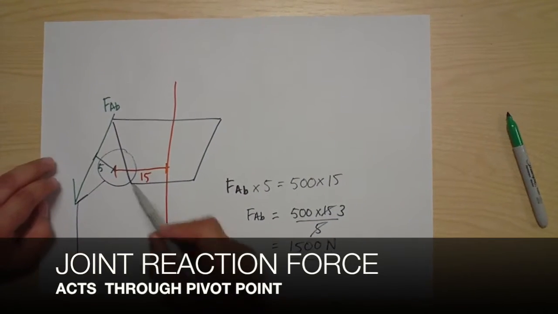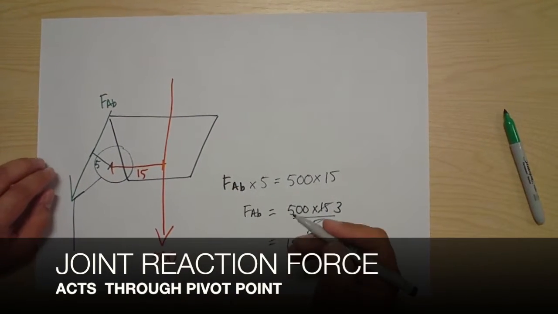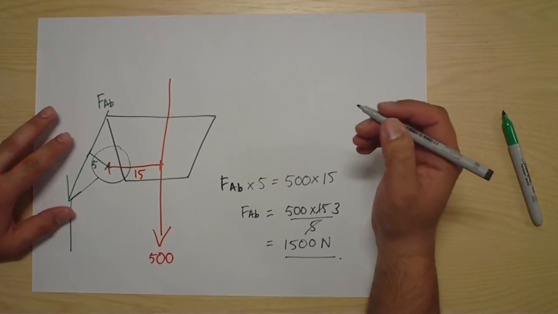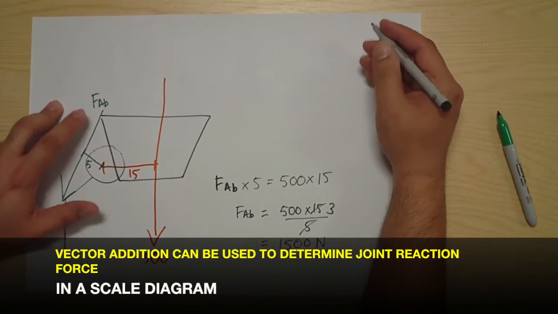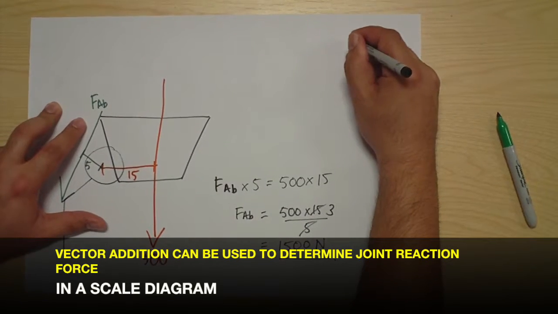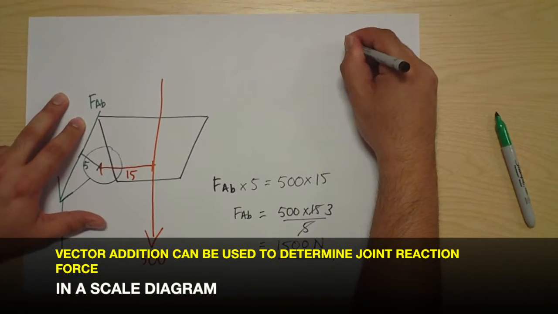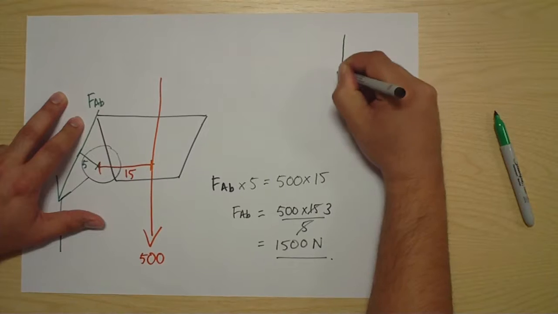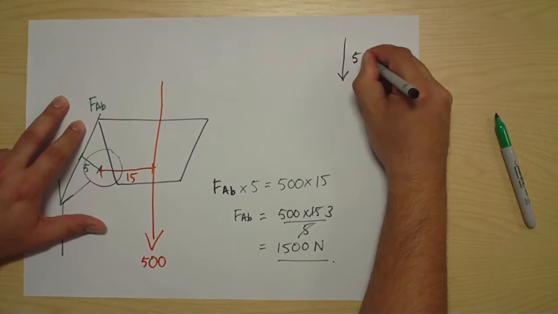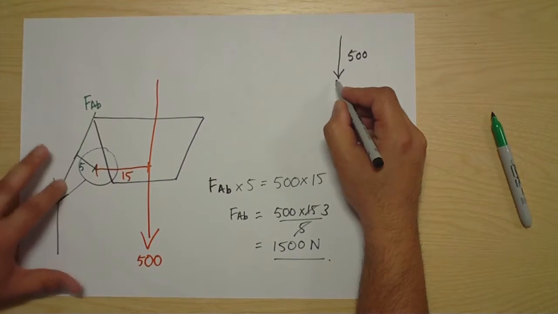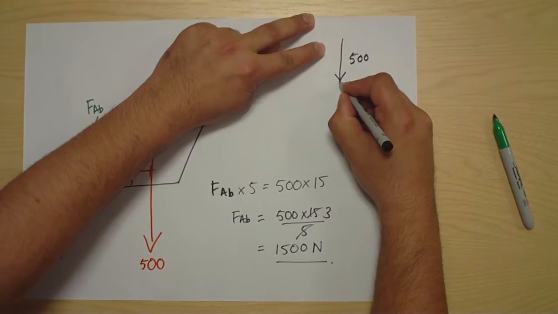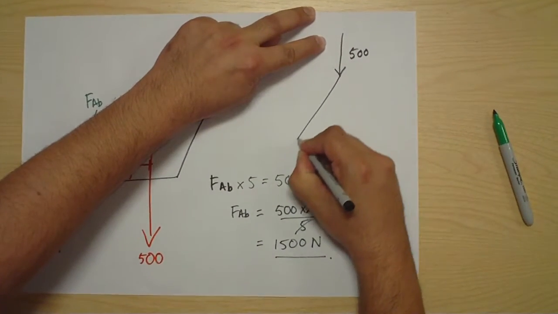So the joint reaction force is the force acting across the joint, and you can do that by resolving the vectors. So vectors have both a force and a direction. So we know the body weight is 500. So if we drew this to scale, that represents the body weight, and the abductor force is 3 times the length in that direction.